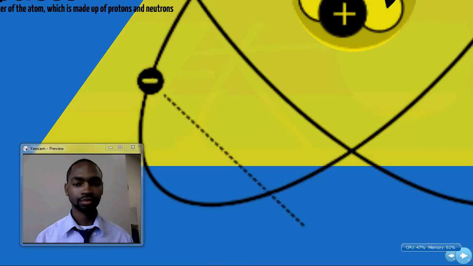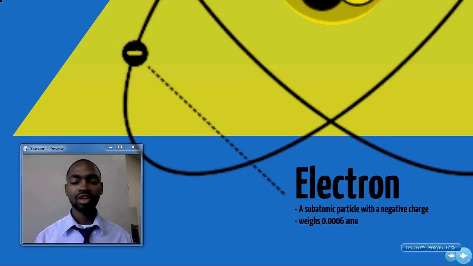The last component of our atom is the electron. The electron is a subatomic particle with a negative charge and weighs 6 10,000ths of an atomic mass unit. So if you look at our decimal point, the first place after the decimal is tenths, next to that is hundredths, next to that is thousandths, and 10,000ths.